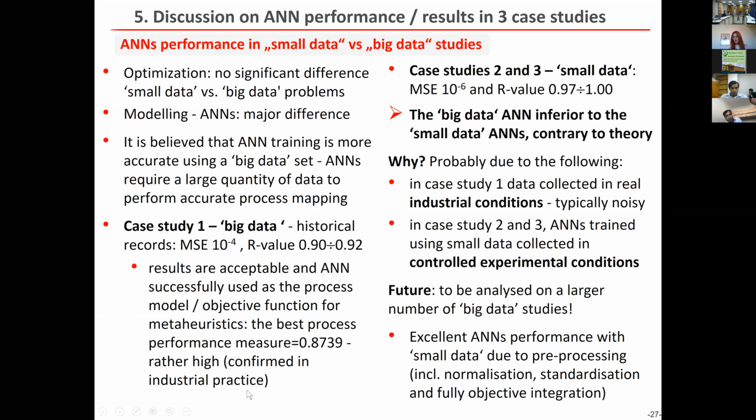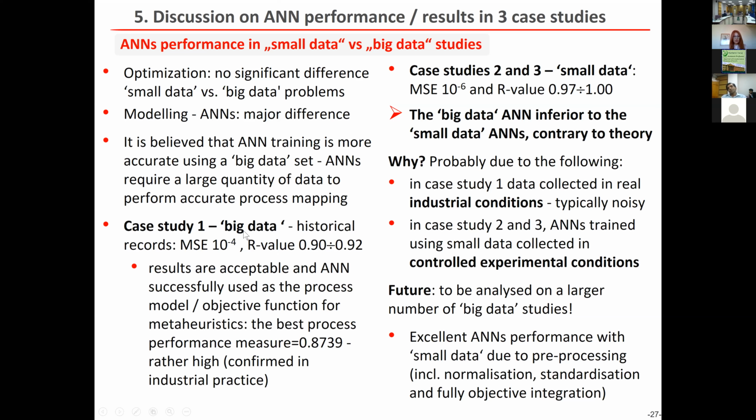However, in terms of modeling, there is a huge difference. From theory, it is believed, and not only believed, it is true, that artificial neural nets need a large quantity of data, especially if you have a large number of design variables. In my case, those are process control factors.